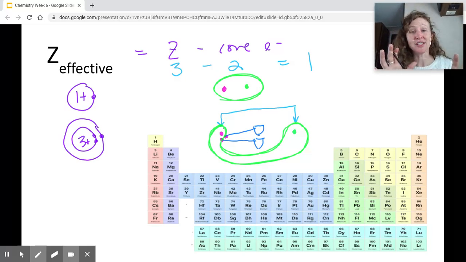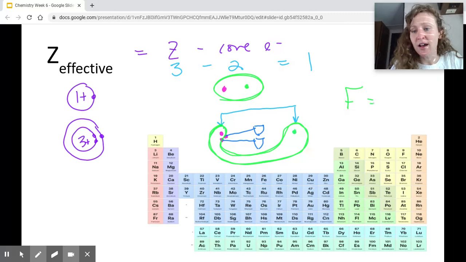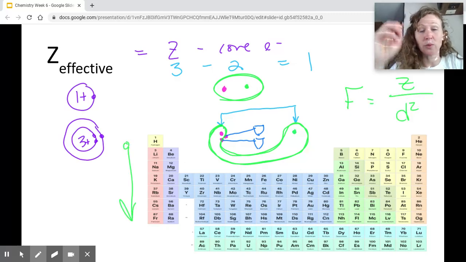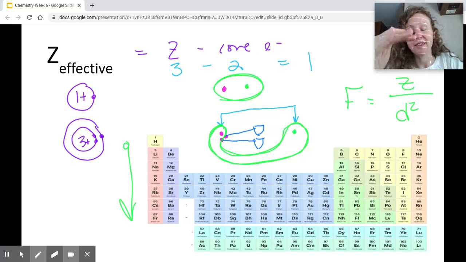So it's kind of an interesting concept that explains a lot. It kind of rounds out our understanding of Coulomb's law and why distance has more of an effect when we're looking top to bottom than those additional protons do.